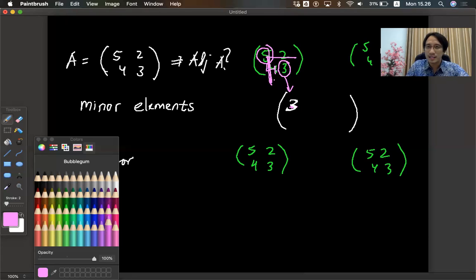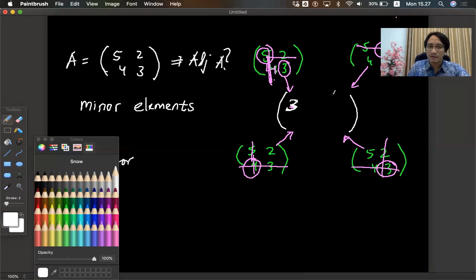So for this value, row 1, column 2, just write it, and this is the value 4. This also happens for this one: 2 is in here, and 5 is in here.